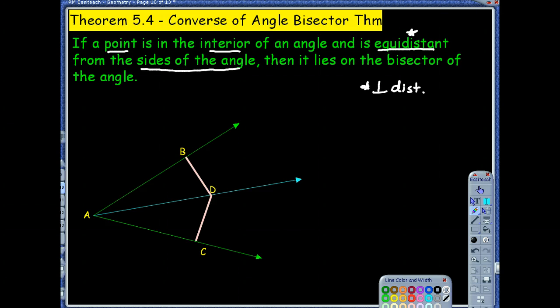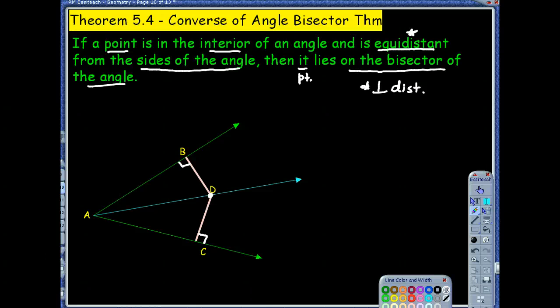So this distance from D to B has to be a perpendicular distance. That's what they're talking about. They're saying then this point lies on the bisector of the angle. So it's kind of similar to the perpendicular bisector theorem converse, in a sense, because of what you're trying to prove here.